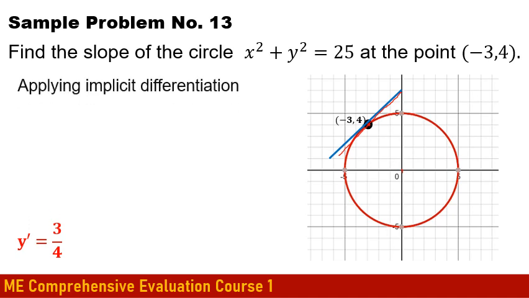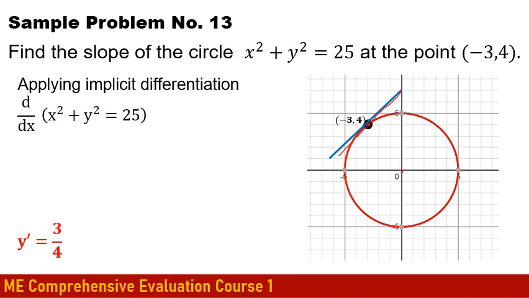In order to get the slope, we're going to differentiate the given function of the curve, which is a circle. You can notice that we will have to apply implicit differentiation in order to get y prime. So differentiate x squared plus y squared equals 25. That would be 2x plus 2y y prime equals 0. Then we solve for y prime, which is equal to negative x over y.